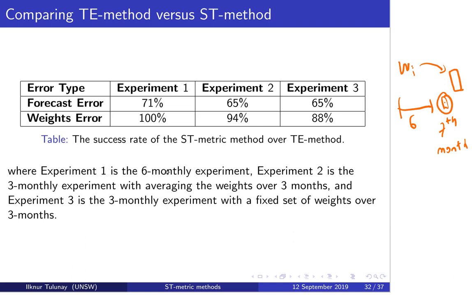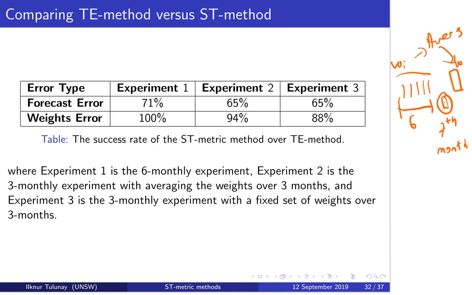So experiment 1 is the 6-monthly experiment. Experiment 2 is a 3-month experiment with averaging weights over the 3 months. And experiment 3 is a 3-monthly experiment with a fixed set. Since I have 6 different weight systems here, for the 6 months I calculated the W's and then took the average of them, and used that as the weights for the 7th month.